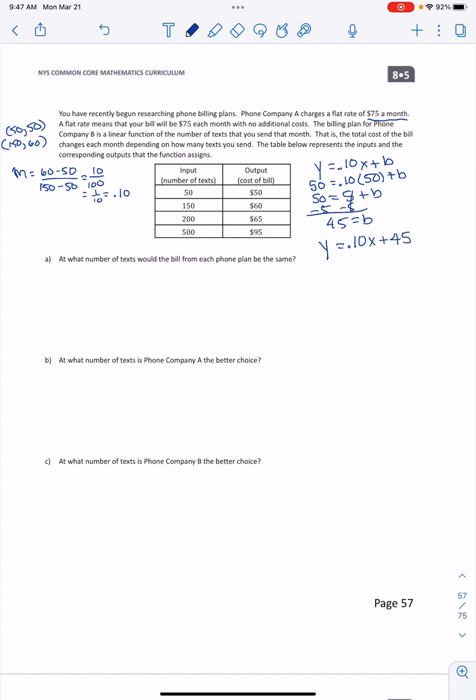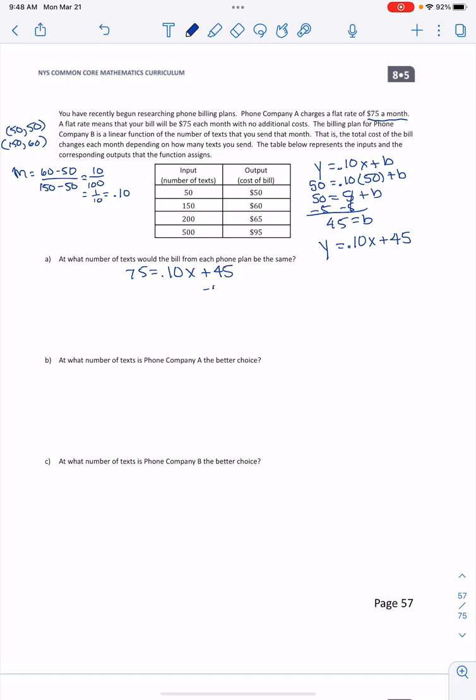So my equation is y equals 0.10x plus 45. So to find the answer to at what number of texts would the bill from each phone plan be the same, I would set these equal to one another. In other words, 75 equals 0.10x plus 45.